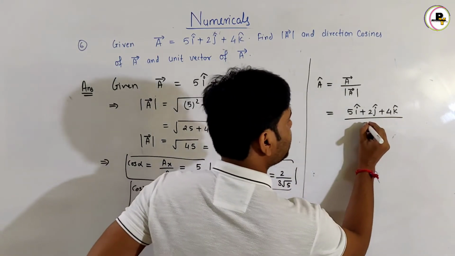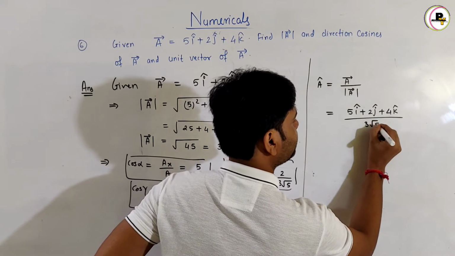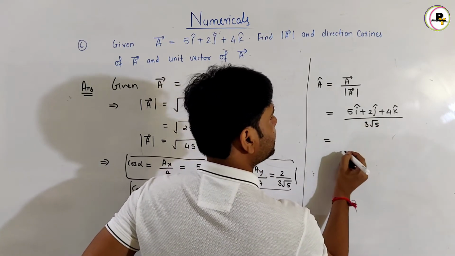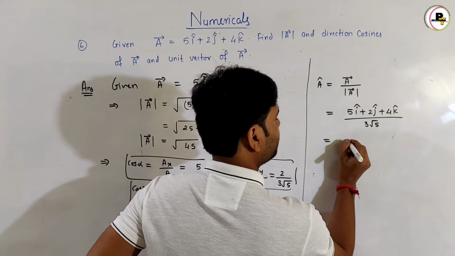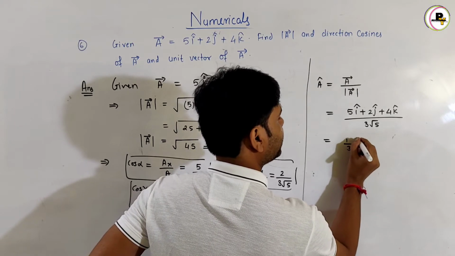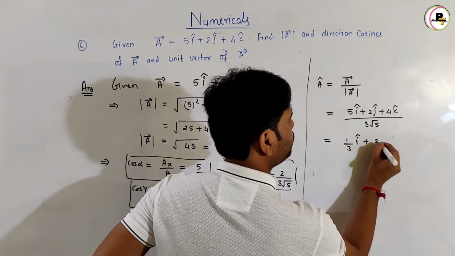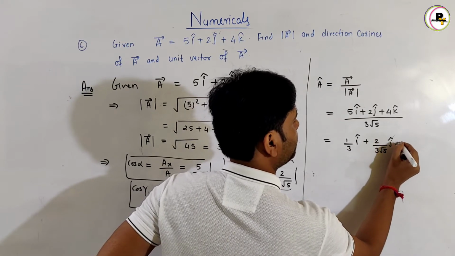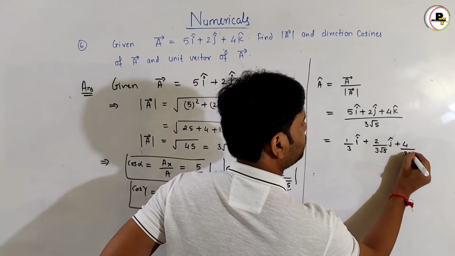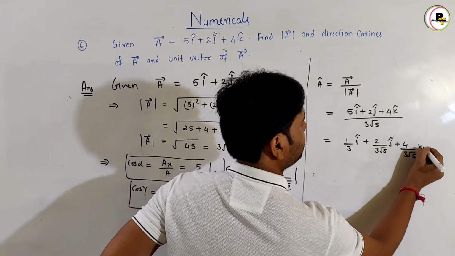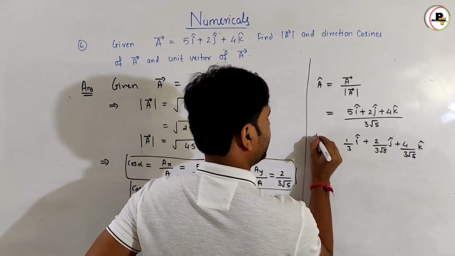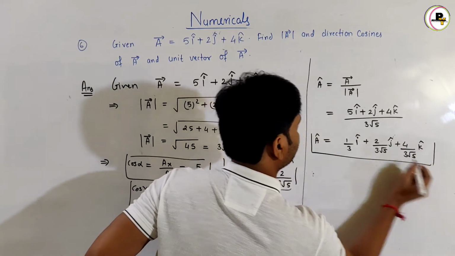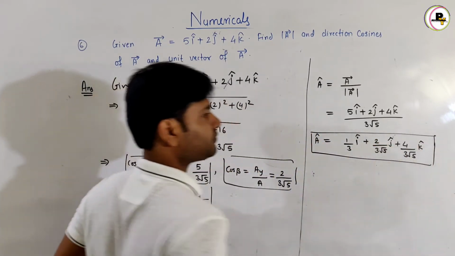It is 3 root 5. Or we can also write it, it is 1 by 3 i cap plus 2 by 3 root 5 j cap plus 4 upon 3 root 5 k cap. This is what? A cap, that is unit vector of a vector.